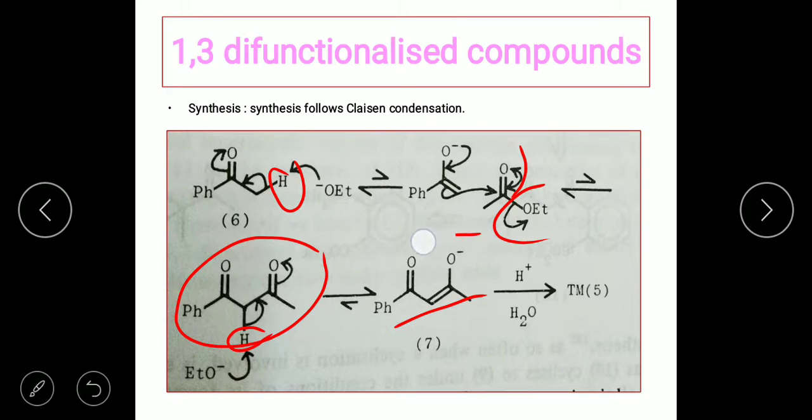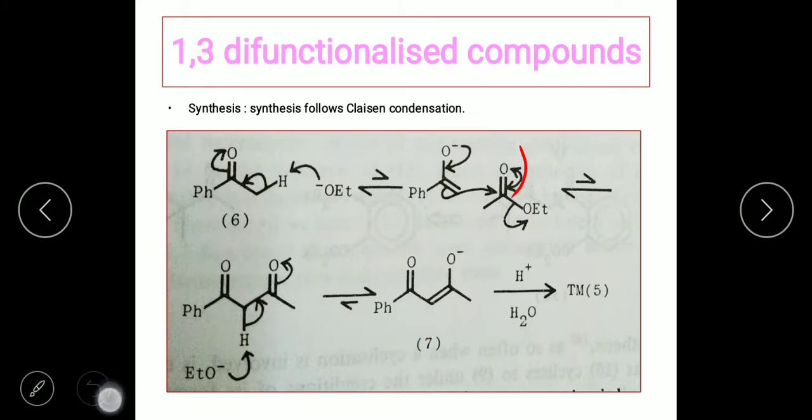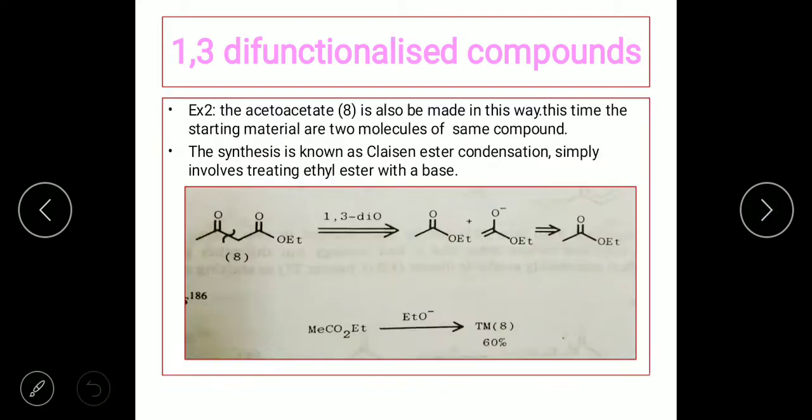Now the intermediate 7 on hydrolysis is going to give the target molecule 5. So this is how you can write down the synthesis, and this synthesis is based on the Claisen condensation. The Claisen condensation has the same mechanism. So this is an example of a Claisen condensation.